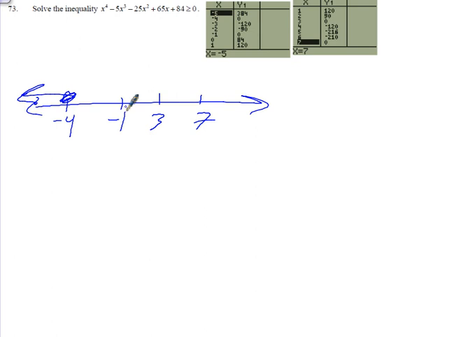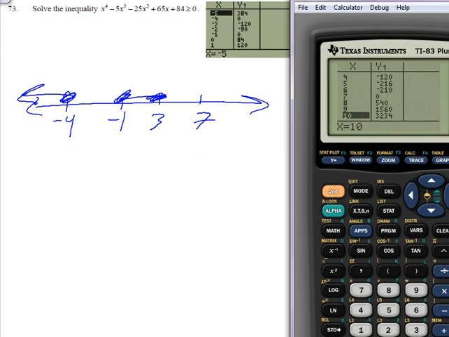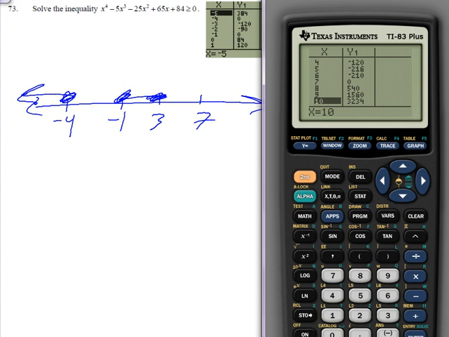And then it looks like from -1 to 3 it's above 0 again. I'm just looking at the y value to see if it's greater than 0 or not. And then from 3 to 7, we drop below 0, and just to make sure, from 7 on, we are above 0 again.